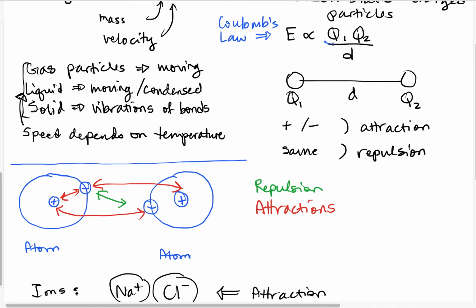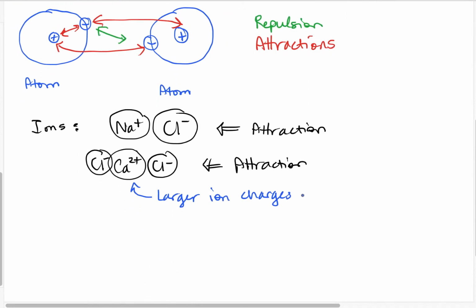If you have a larger charge, you're going to have a larger energy associated with that attraction. So that's something to be aware of. The larger your charge is and the smaller your distance, the more attractive energy you're going to have.